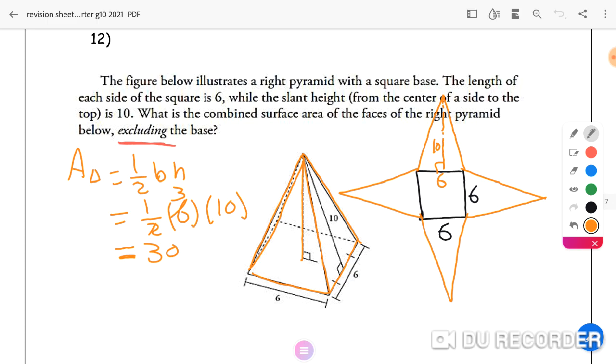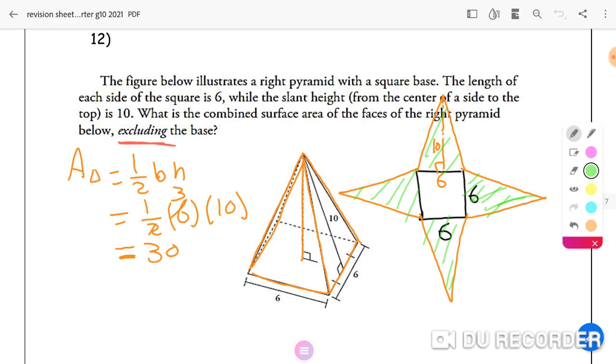And we need to find out the area of all these triangles combined, and that forms the lateral area of the pyramid. So simply multiply the area of one face by 4.